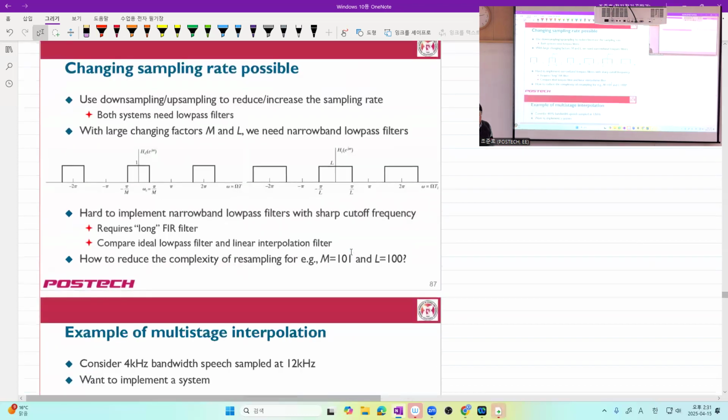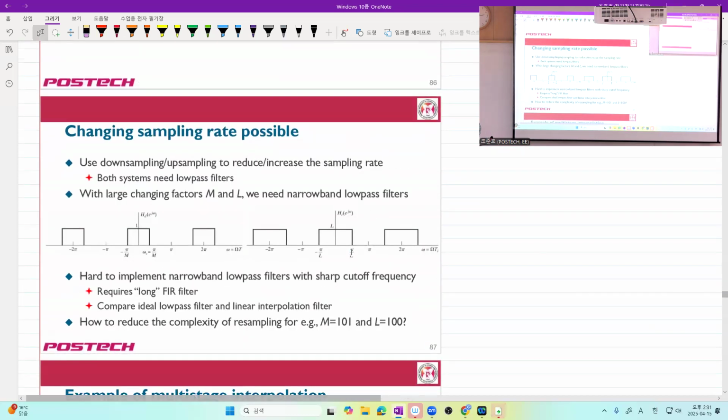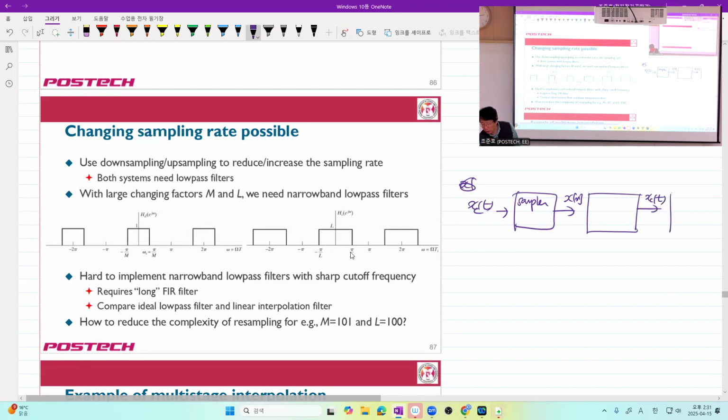So let's see. The first thing is changing the sampling rate to a rational multiple of the original sampling rate. Of course, as I told you, one simple way is that you have a discrete-time signal, convert it back to some continuous-time signal, and resample for any arbitrary sampling period.